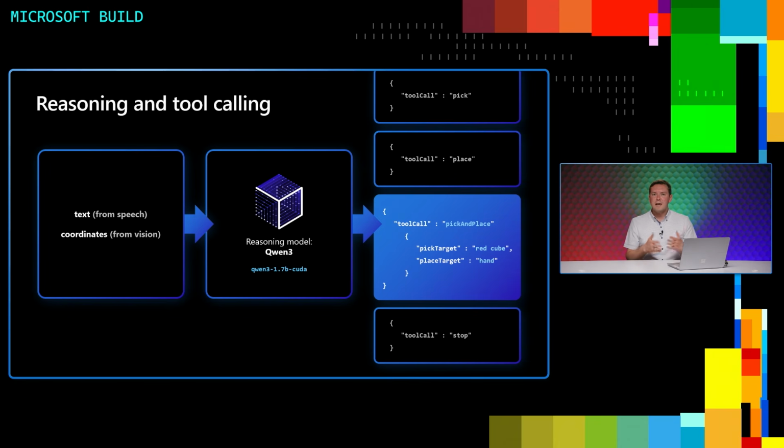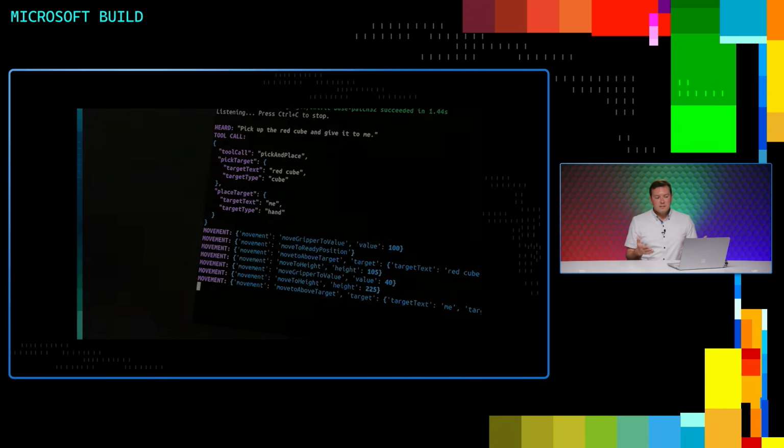So when it hears something like in the video when I say wait, right, it interprets that as a stop tool call. And so all the language model does is decide, based on what it sees and hears, which of these tools it is being asked to call. And in the example we've been using, of course, it's a pick and place tool call where the pick target is the red cube, the place target is the hand, me. And once it has done that interpreting, the rest is pretty straightforward, right?